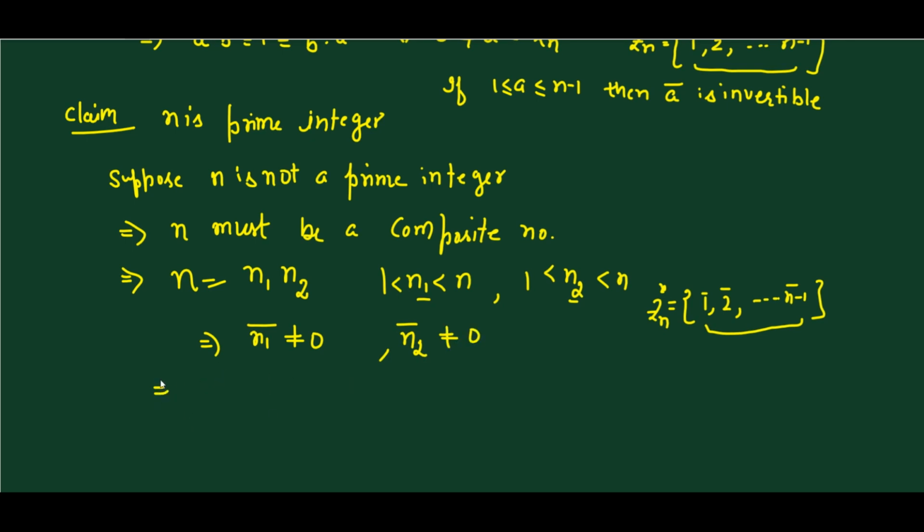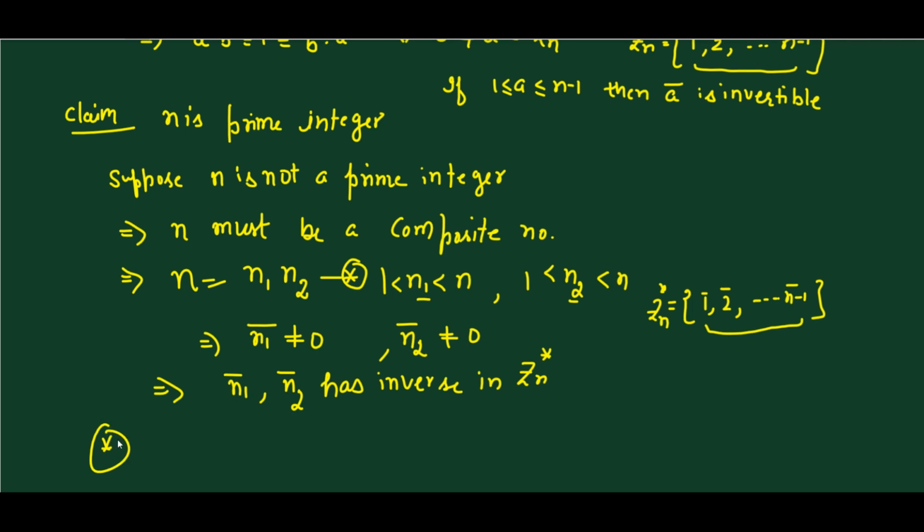It means n1 and n2 have inverses in Zn star. Both the classes of n1 and n2 are invertible in Zn star. Now from this equation, let us call it equation star.